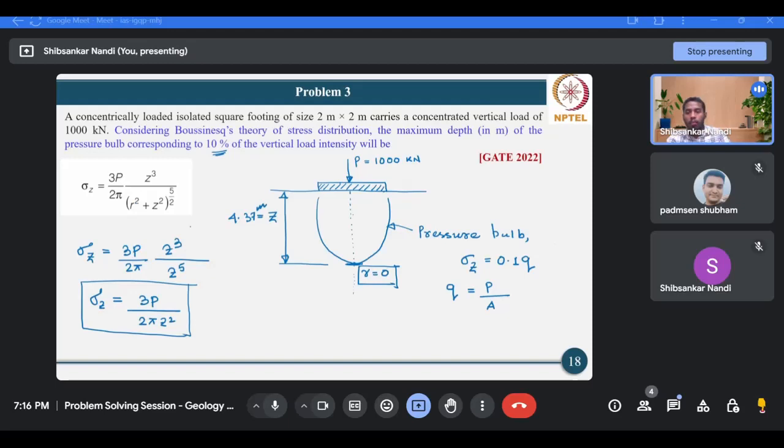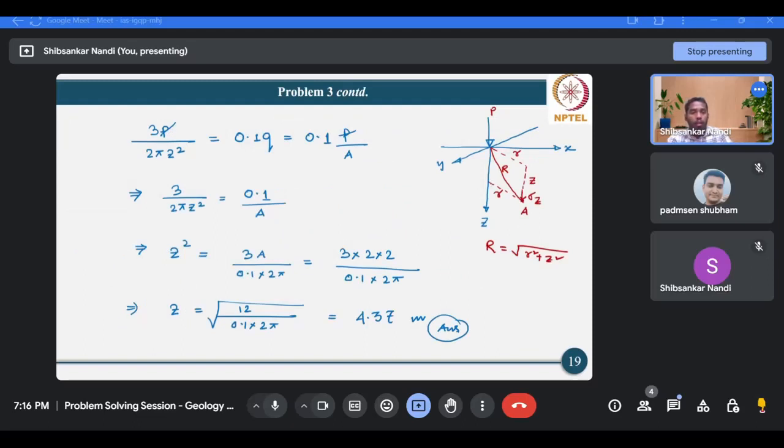Now this is the horizontal distance from the line of application of the concentrated load.